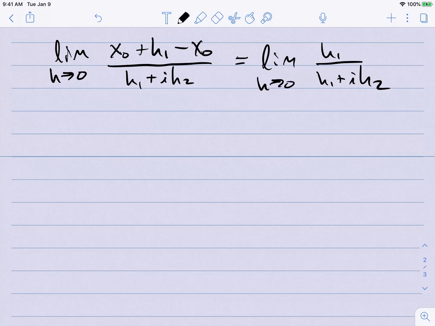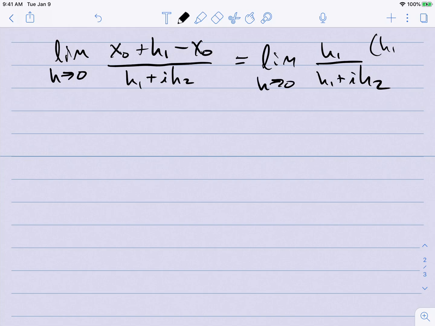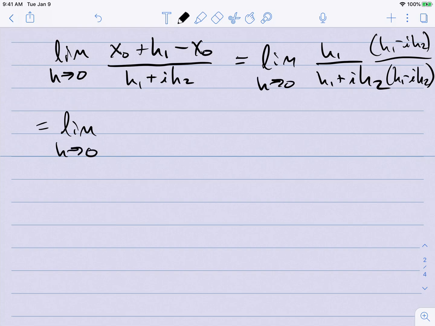So if I'm dividing by a complex number, I can simplify the expression by multiplying by the conjugate. So if I multiply top and bottom by h1 minus ih2, this is equal to the limit. In the denominator, this just becomes the modulus of h squared. So this is h1 squared plus h2 squared. Now I have a real number in the denominator, so it's a little easier to think about. In the numerator, I have h1 squared minus i h1 h2.